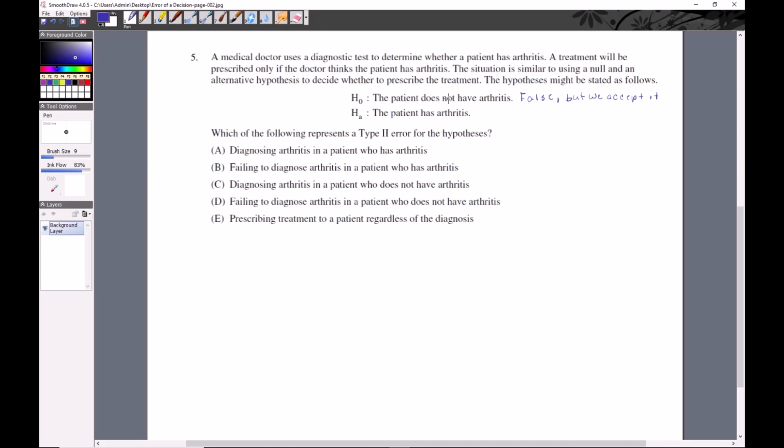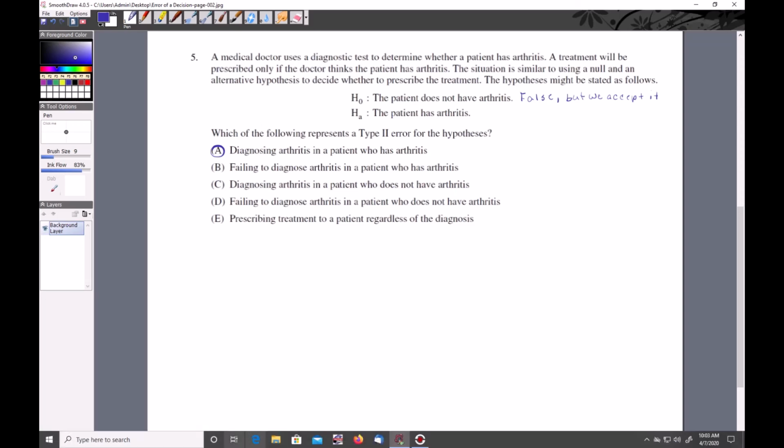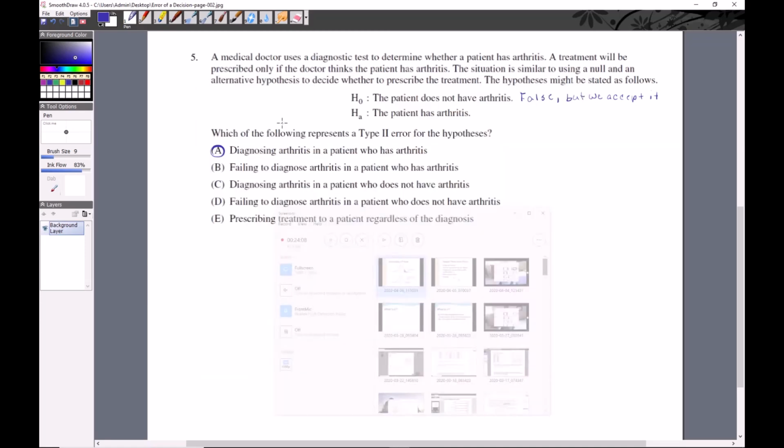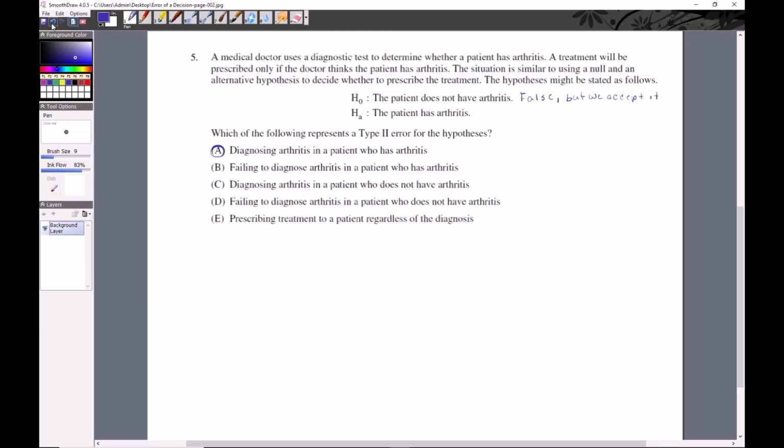Well, if we're saying this is false, but they actually do have arthritis, that sounds like a type 2 error. All right, let me pause this and make sure. Every so often I get a little bit wrapped around, so hold on. I'm glad I took the pause because A can't be right, because a type 2 error is that the patient does not have arthritis, but we believe they do.